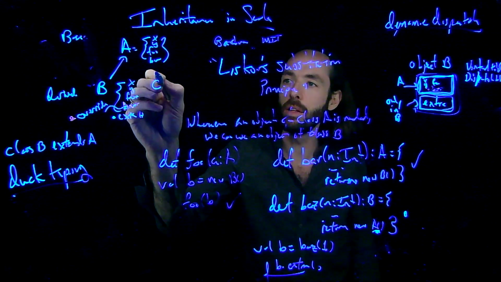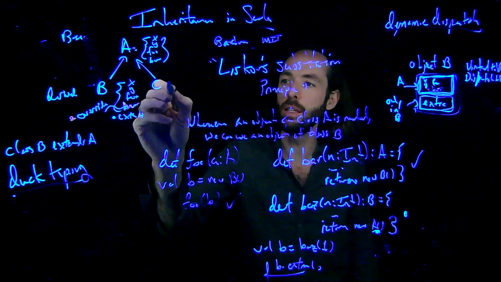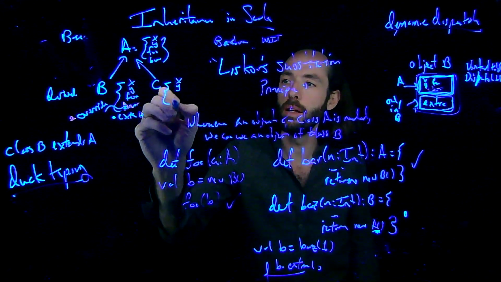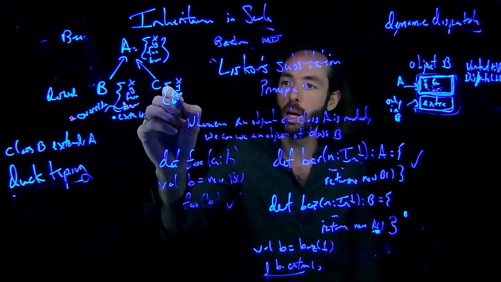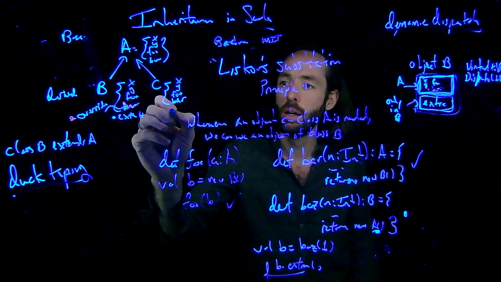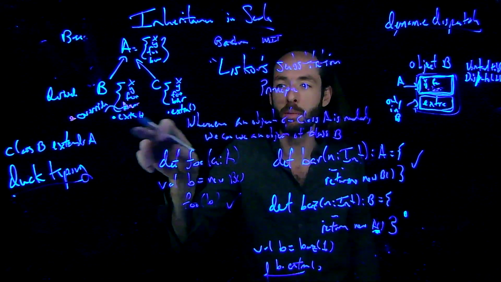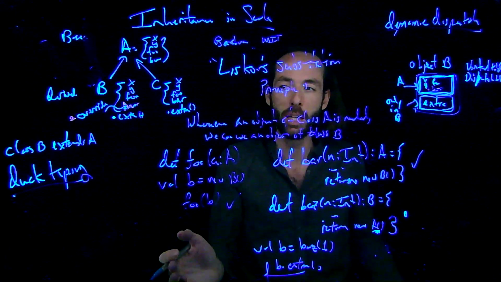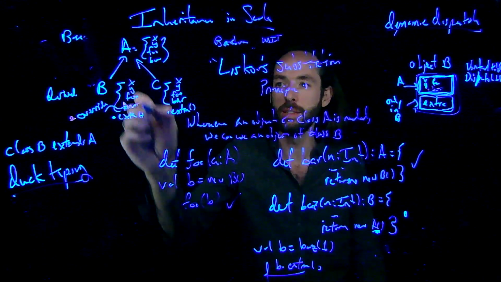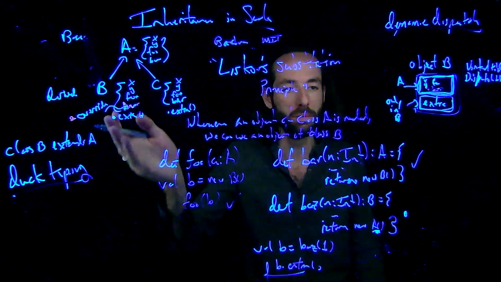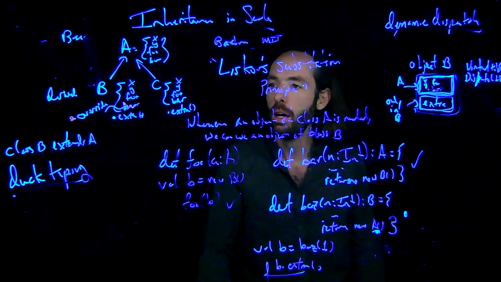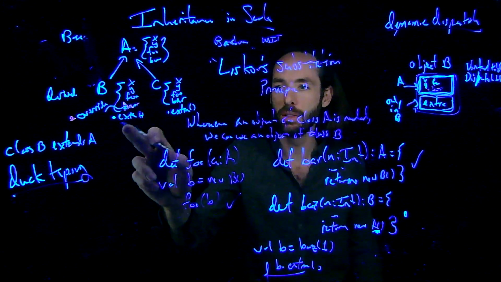And so we can have another class called C here, and it might have, right, it inherits from A, X, Y, foo, and bar, and it also implements some function called extra. It has the same signature, but it's completely separate, right? And we define C completely separately from B, so C does not inherit from B. And as far as Python would be concerned, these two are essentially the same class.